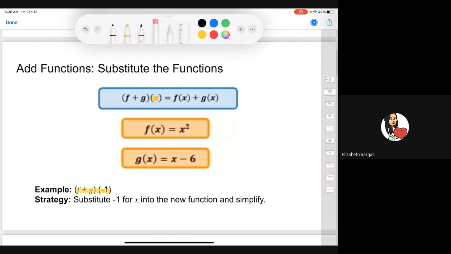So we're going to do f(x) plus g(x). Now I'm going to substitute what is f(x). f(x) is x² plus, and then g(x) is x minus 6. Remember we saw that we couldn't simplify, so we don't have to simplify. But what we do have to do now is substitute that minus 1.